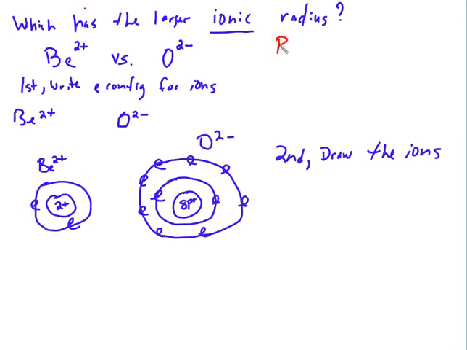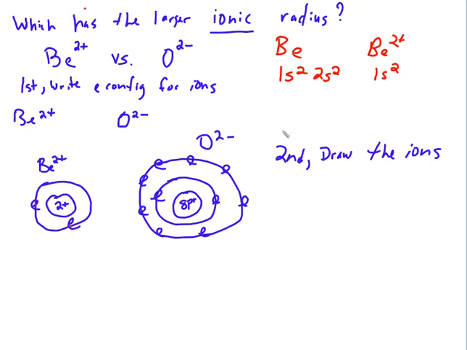Beryllium would be 1s2, 2s2, but when it becomes the ion, beryllium 2 plus, it's going to lose 2. It's a metal, it's a loser. It's going to become just 1s2. If you were to draw it, it has 2 protons and 1 energy level, just the 1s2 with 2 electrons. That's beryllium 2 plus.